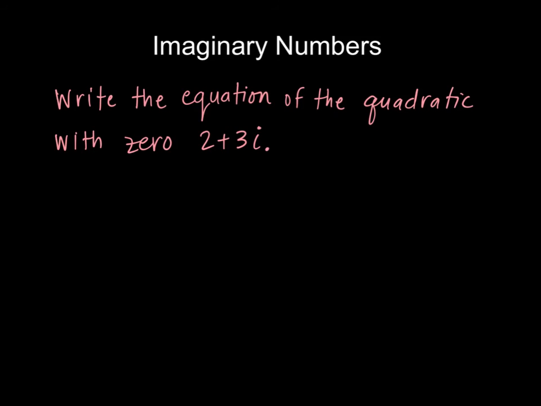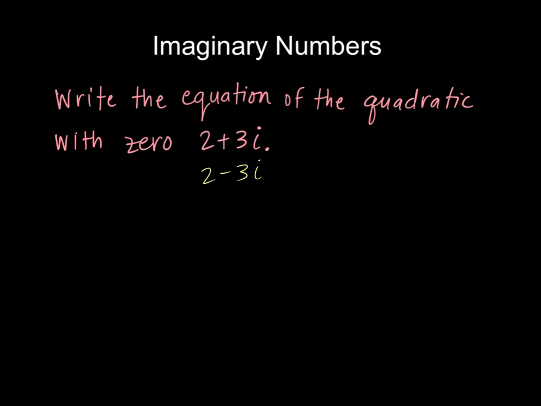Okay, so our question is, write a quadratic equation with 0, 2 plus 3i. So let's just start with the fact that these things always come in conjugate pairs, so the other one is 2 minus 3i. And rather than doing x minus these and multiplying it all out, which you could do, it's a lengthy process, we're going to do the trick.